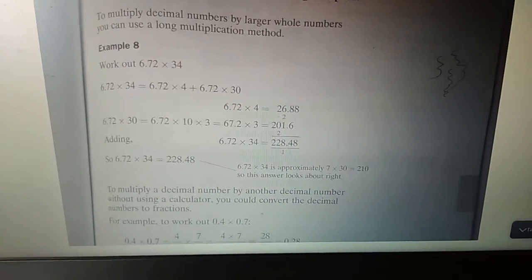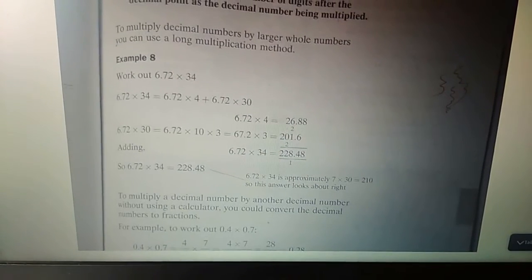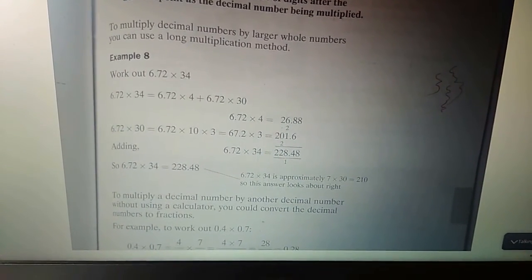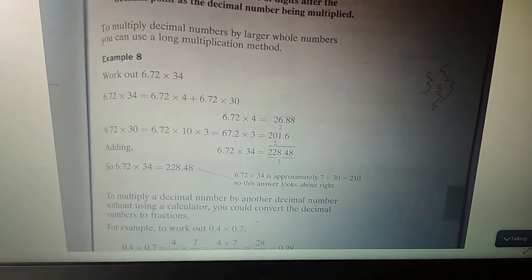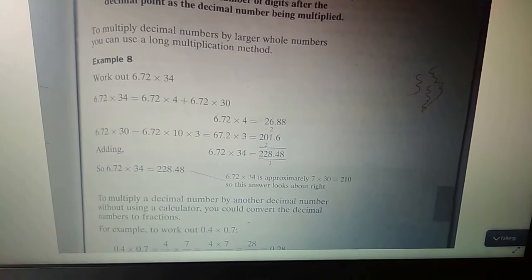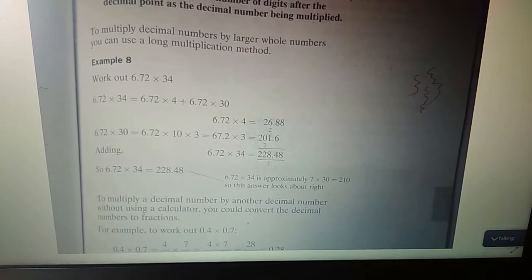Okay. So what they have done here is take the number 34 part by part. They are going for the ones first. The ones digit is 4 and the tens are 30.